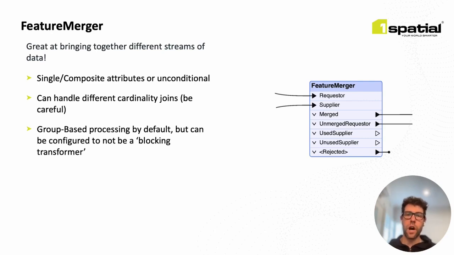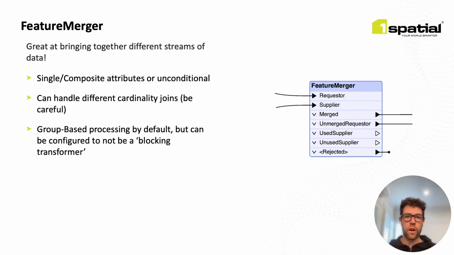The cardinality or the type of join can also be configured, so it enables you to do some quite complex joins. However, if you are doing something like this, I don't think the feature merger is probably the best transformer to use. However, it can handle some quite complex scenarios.